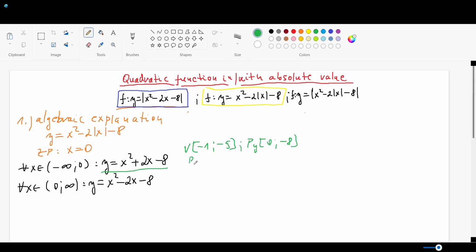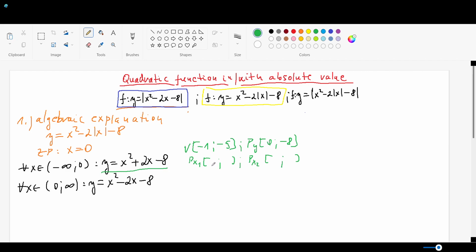The y-intercept has the coordinates 0 and negative 8, and Px1 and Px2 we will find out.